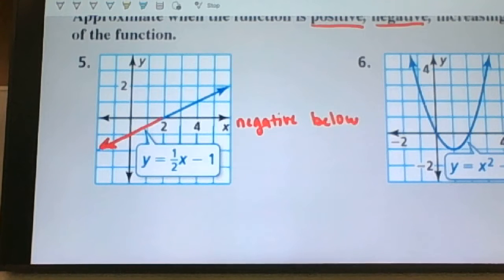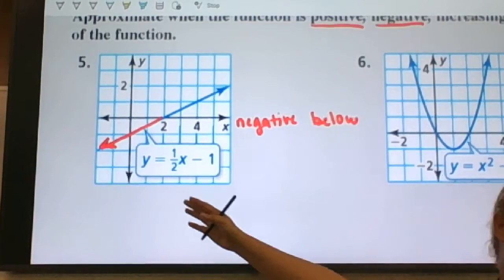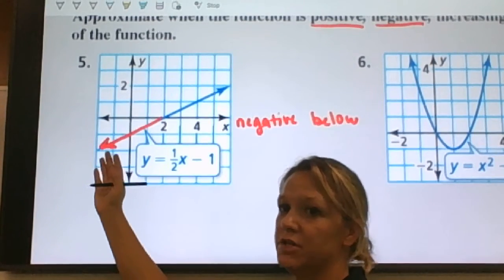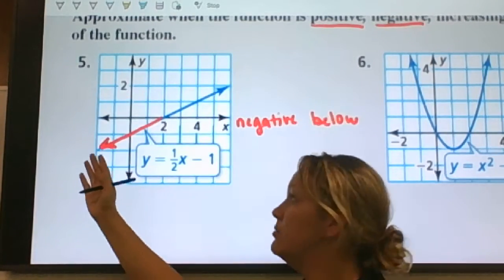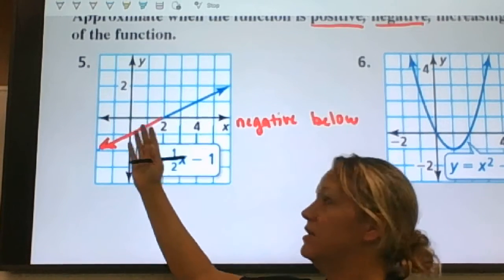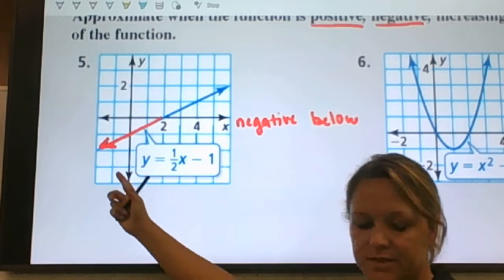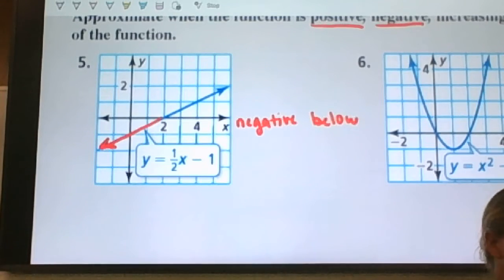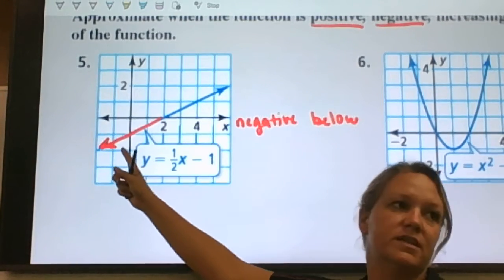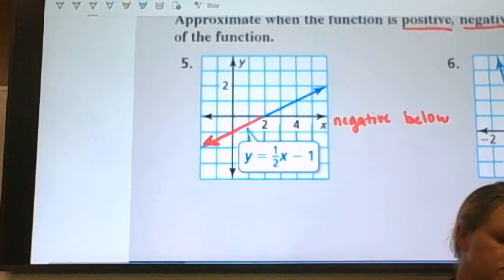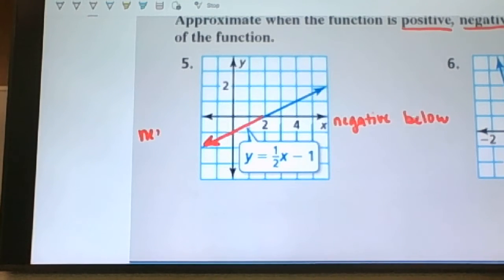Right, this is negative and increasing. Those two things can exist. It's like you're underwater, so you're in the negatives, but you're swimming up. So it's under, but it's going uphill. But this right here is negative increasing.